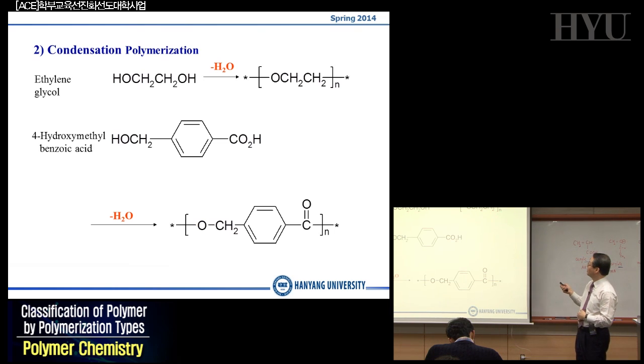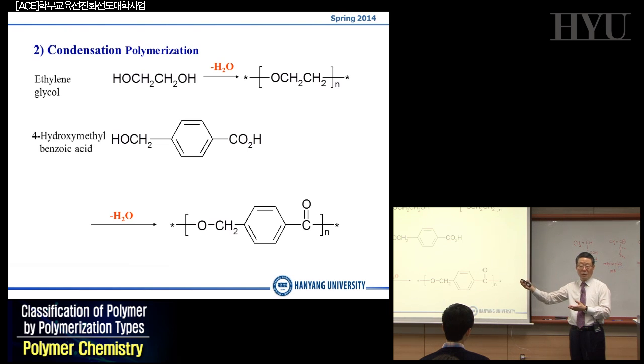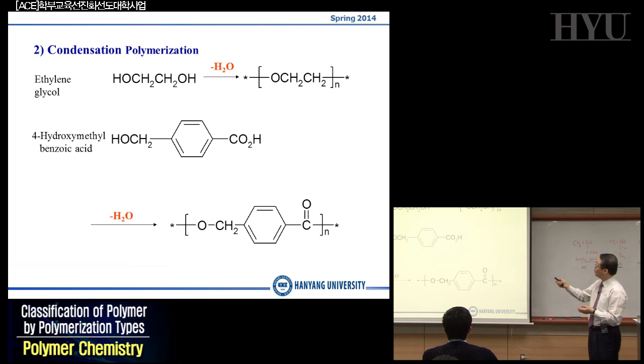Depending upon how many n you have, it's water soluble. In the case of low molecular weight PEG, it's water soluble, while it's not if the molecular weight is very high. So depending upon the molecular weight, it will be water soluble or not. Anyway, during this reaction, we have a condensate, which is water, so we call this condensation polymerization.